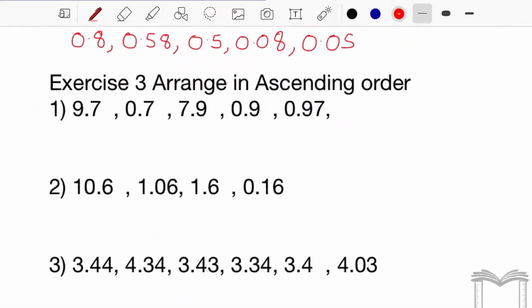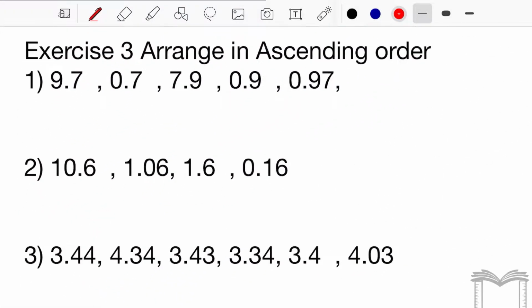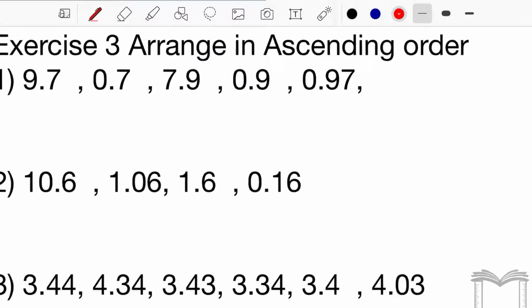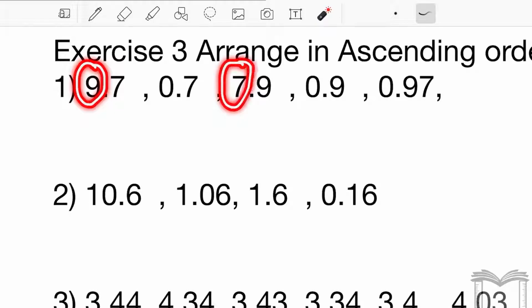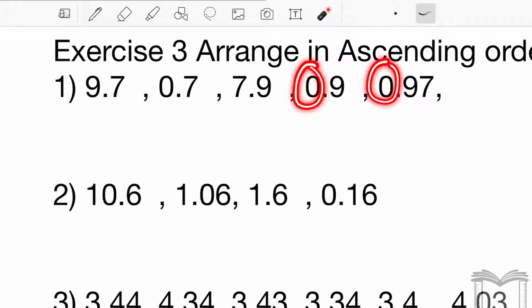So lastly, for the decimal questions, arrange these in ascending order. So now we have different whole numbers, or we have different values for the ones digit. So we can see we have 9 here, so that's 9 ones, 7 ones, and the rest of them is 0 ones.